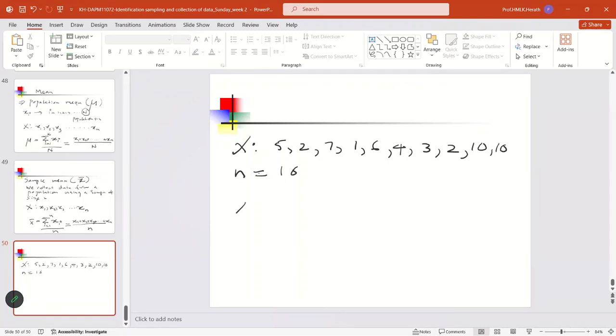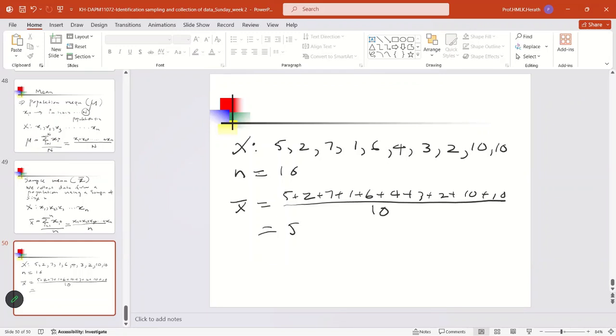So we can estimate x bar as 5 plus 2 plus 7 plus 1 plus 6 plus 4 plus 3 plus 2 plus 10 plus 10. The running sum goes 20, 25, 29, 35, 36, 43, 45, 50, divided by 10.